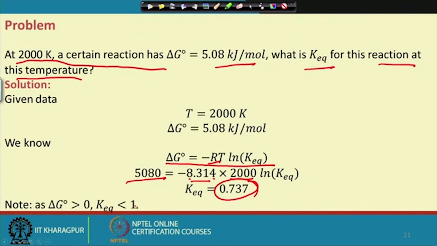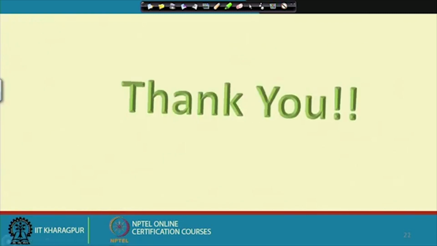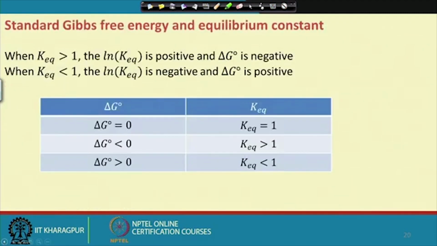This is justified, because as we have seen here, if K is less than 1, then this should be positive, more than 0.